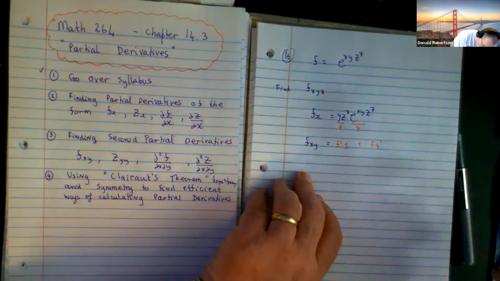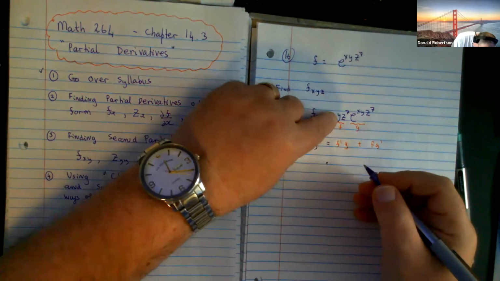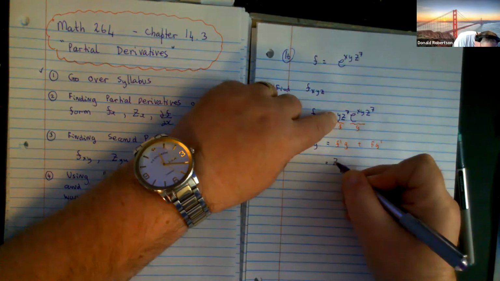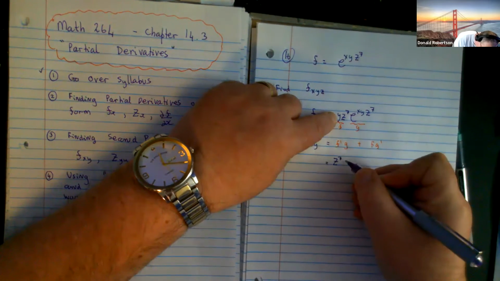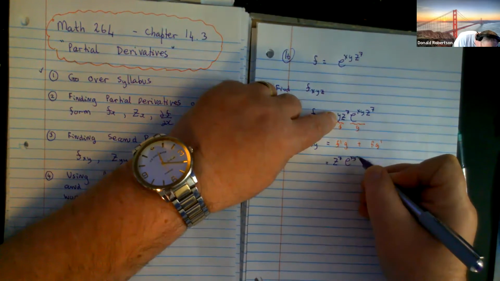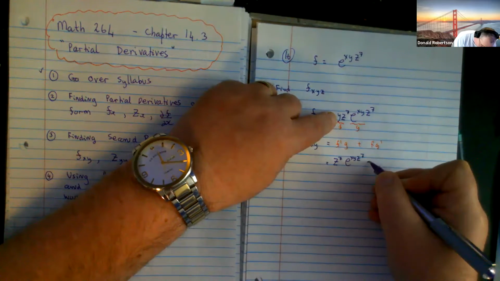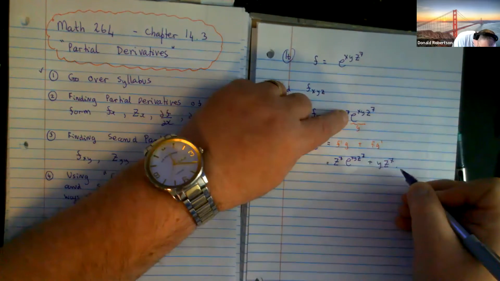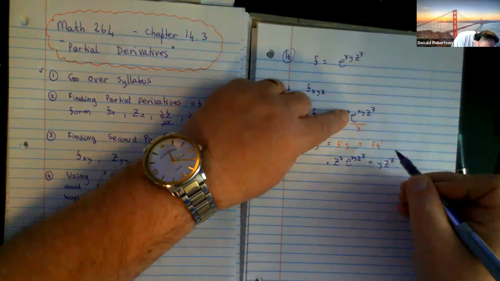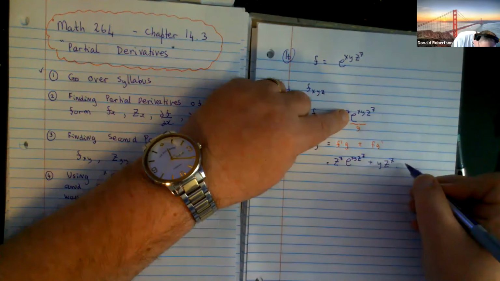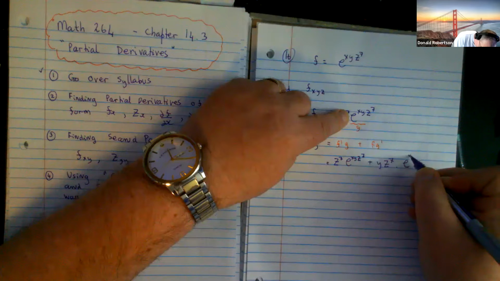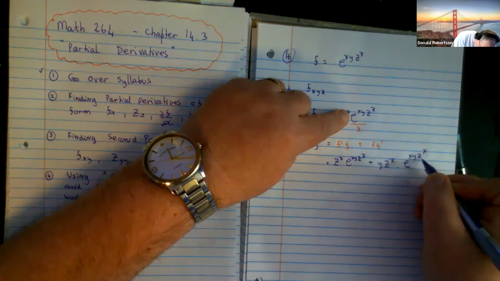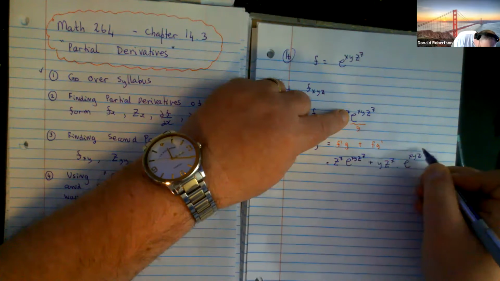And so if you differentiate this with respect to y, you get z to the 7. Leave that guy alone. You leave this guy alone. And then you differentiate g with respect to y. So you'll get e to the power times the derivative of that power.